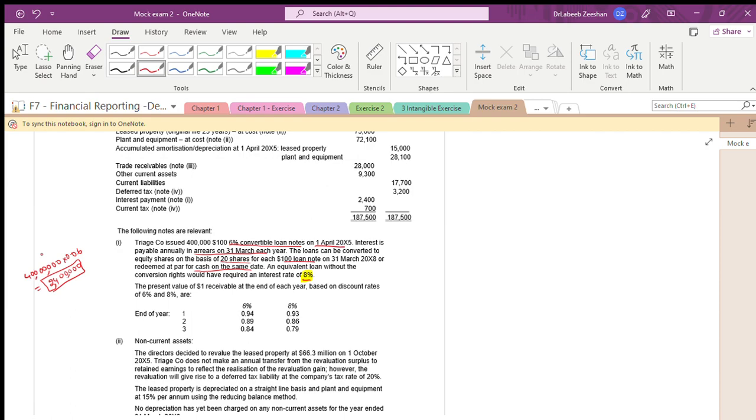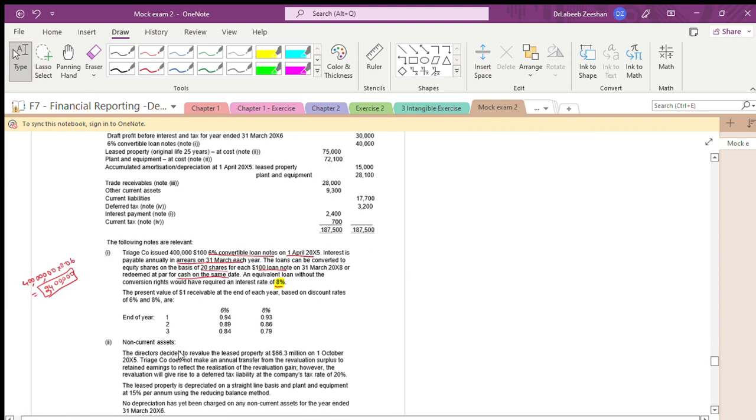Proceeds are 40 million. First we will calculate the finance cost, what is the component of debt and component of equity.